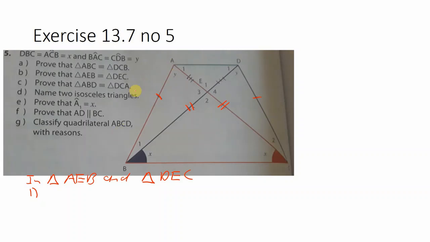So we can say therefore that AB is equal to DC, and our reason for that is triangle ABC is congruent to triangle DCB.